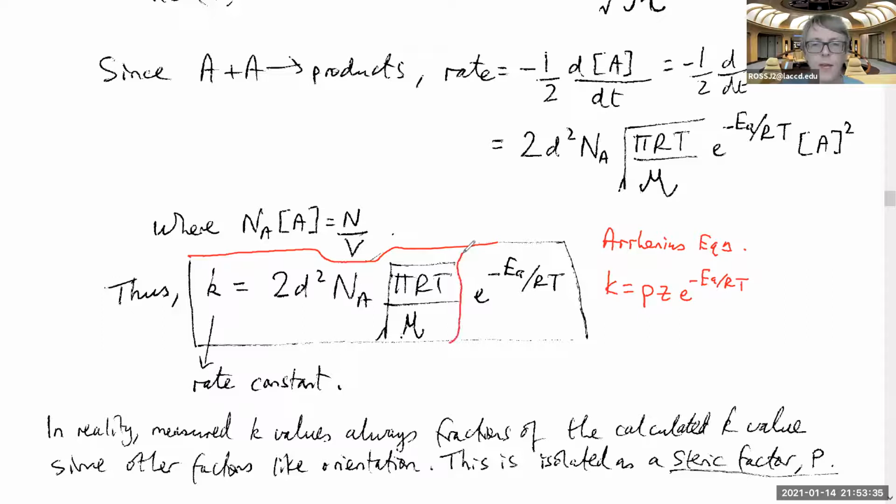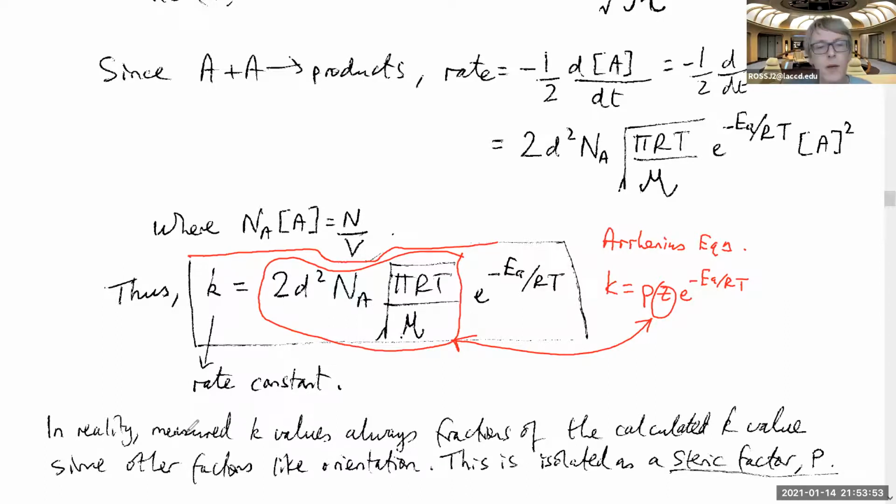Then all of this is the new way to think of Z in our Arrhenius equation, this collision frequency.